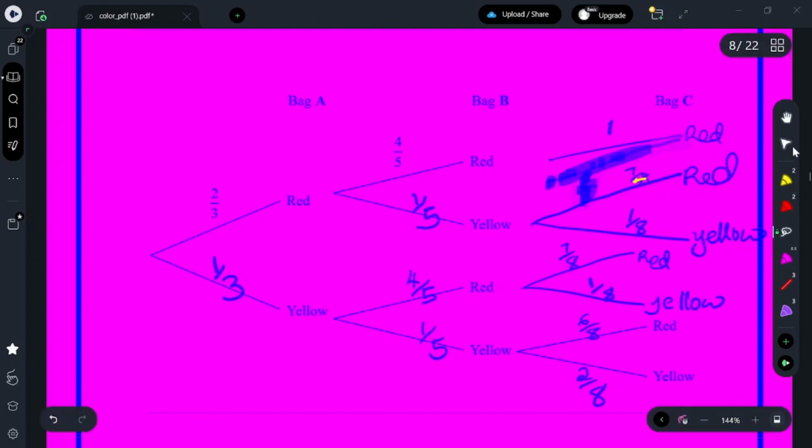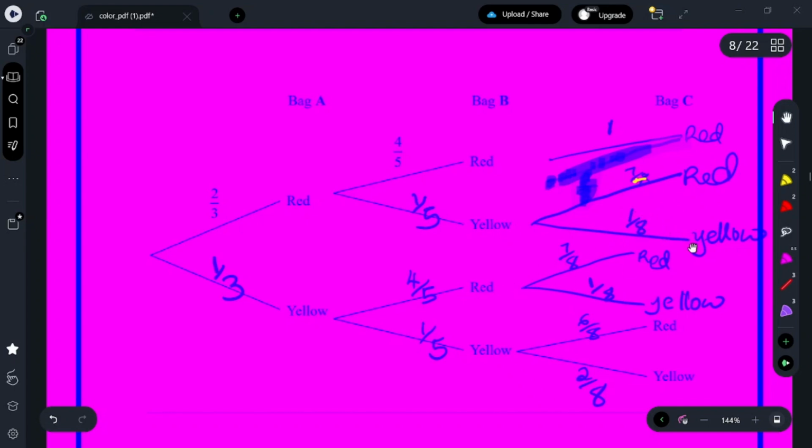So the probability of getting a red from C after placing a red and a yellow is going to be 7 out of 8. This is because initially we had 6 red balls in bag C and we added 1 more. Then let's move to getting a yellow from bag C. We never had a yellow, but we put 1 yellow inside bag C. So now we have the probability of 1 over 8.